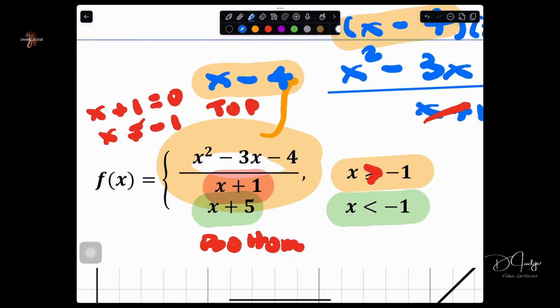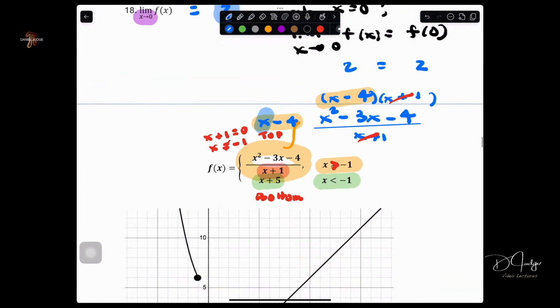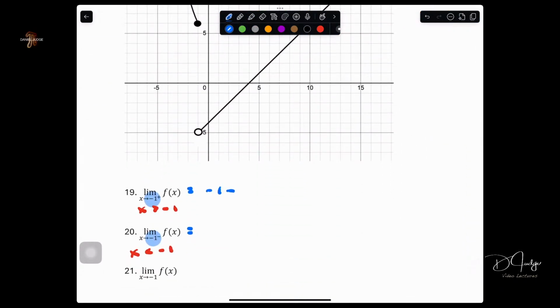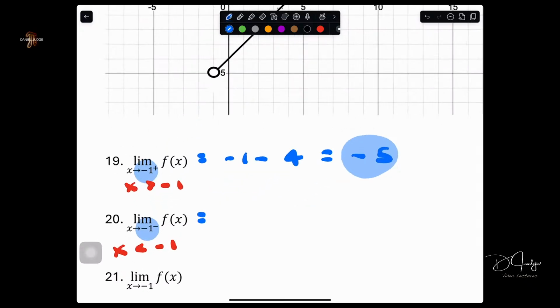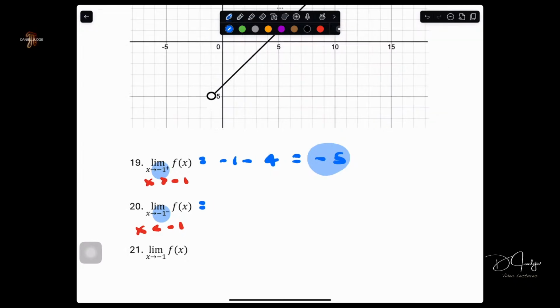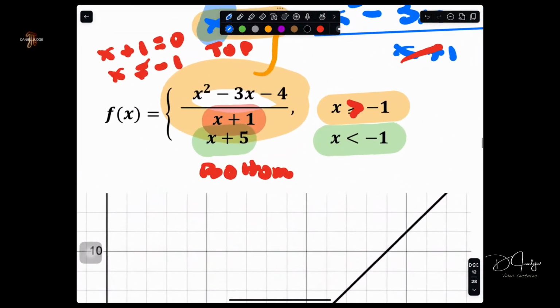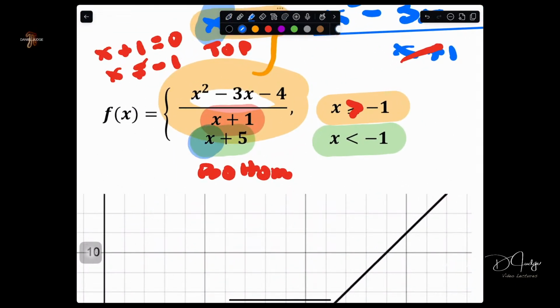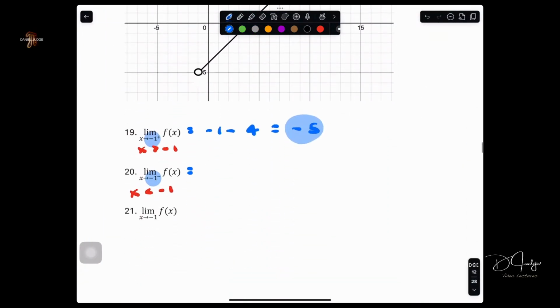So we're going to plug in the negative 1 here for x. For the top, that's negative 1 minus 4, which gives us negative 5. Okay. Now, as x goes to negative 1 from the left, these values of x are smaller than negative 1. So we're going to use that bottom piece, plugging in x being negative 1 here, and we get negative 1 plus 5 now. And that answer is actually negative 4. Okay.